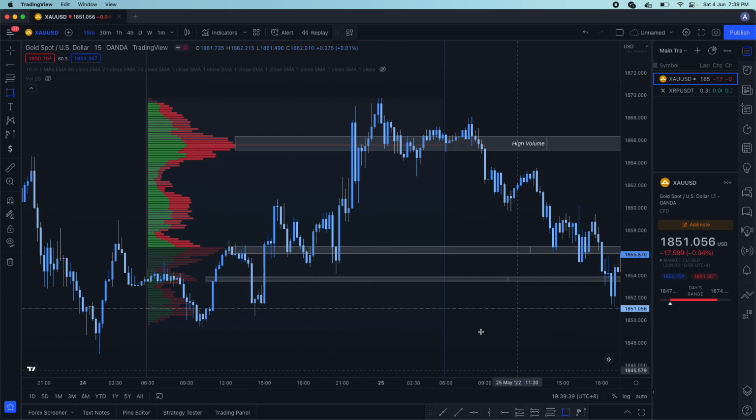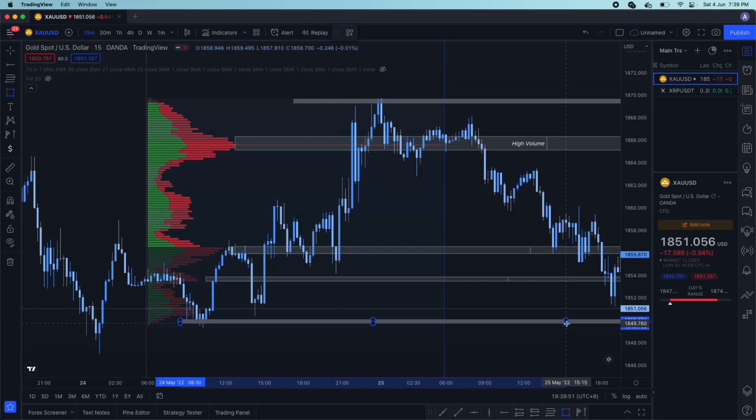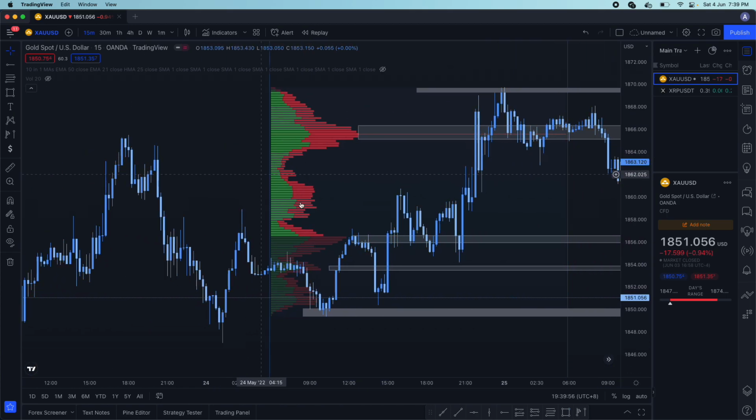Of course, number one is the high of the day, this area, right? And see what else we have. The low of the day, this area, yes, this is important, so just mark it down. And I think we are good to go. We can also just keep an eye on this area as well.